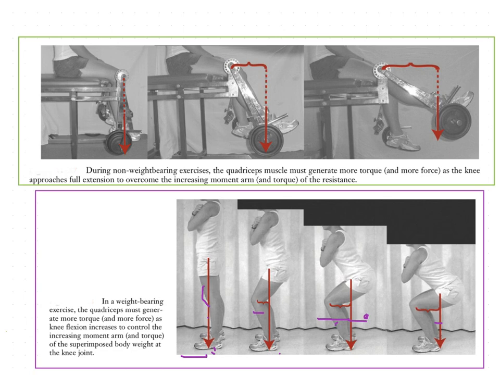Because the quadriceps femoris muscle has the responsibility now of supporting the body weight and resisting the force of gravity, it is about twice as strong as the hamstring muscles.